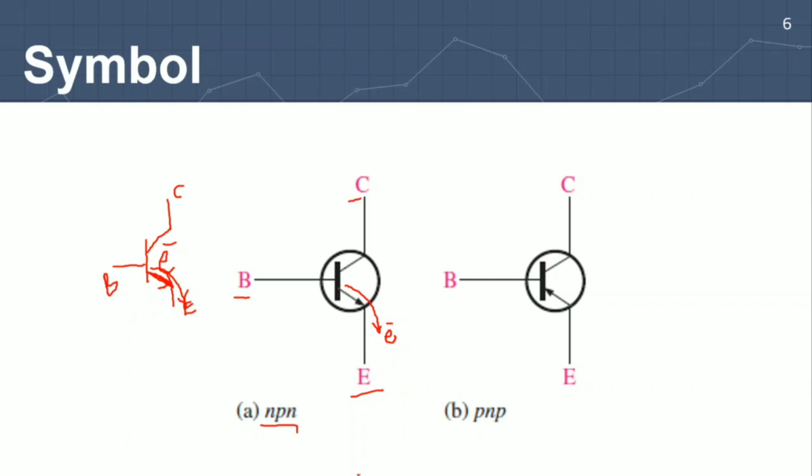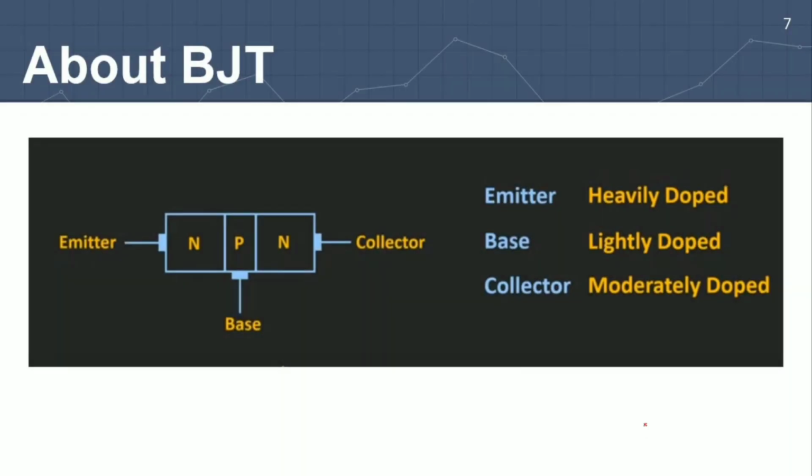In a PNP transistor, the N region is in between, so the electrons will flow towards the base. So you write the same structure like this and mark the direction towards the base. This shows it is a PNP transistor.